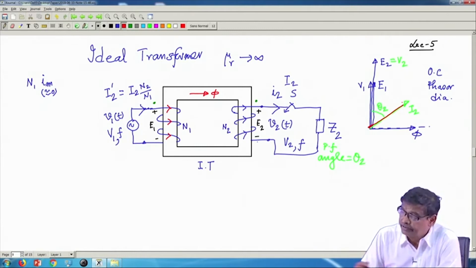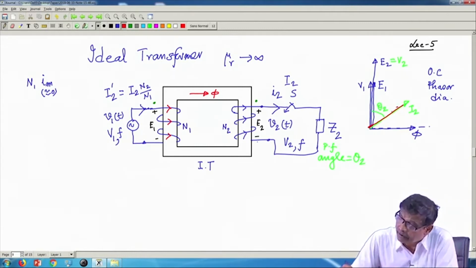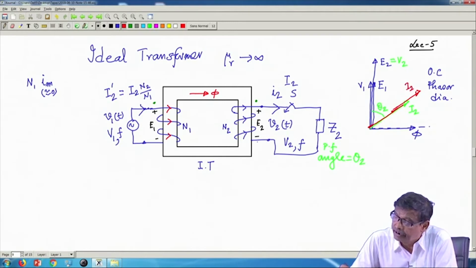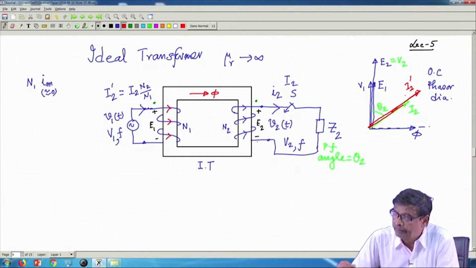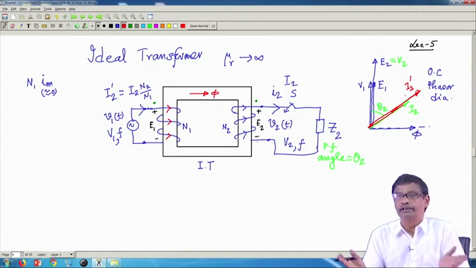So, if N2 is greater than N1, it will be like this. This will be your I2 dashed. But with respect to time, they are co-phasal.